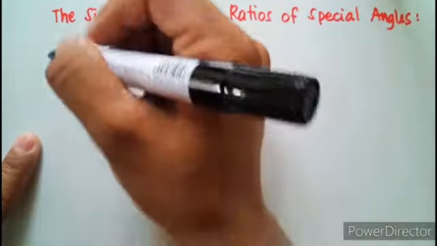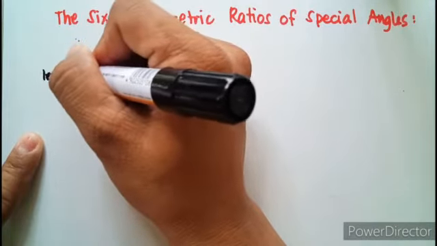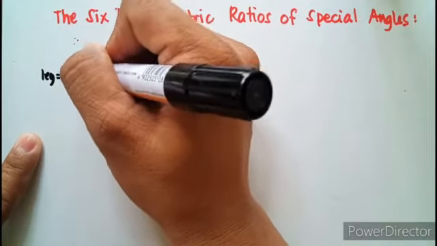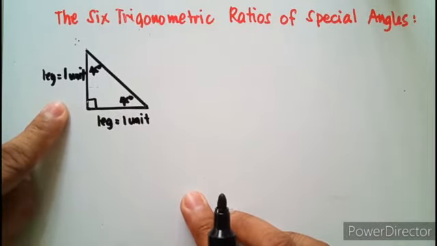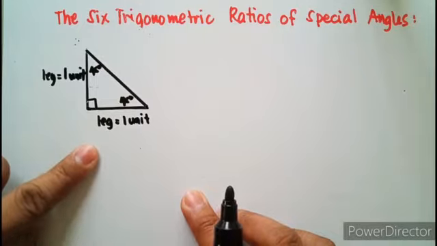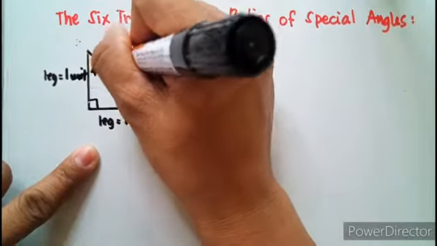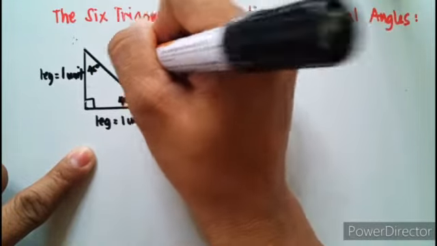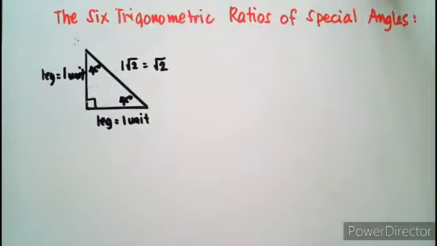That is the general assumption. Now, if our leg is 1 unit, what is the measurement of our hypotenuse? Our hypotenuse will be 1 times square root of 2, and 1 times square root of 2 is equal to square root of 2.